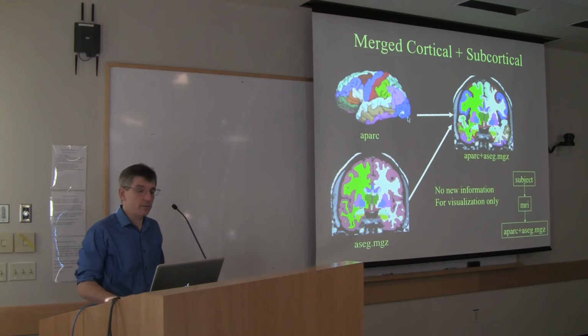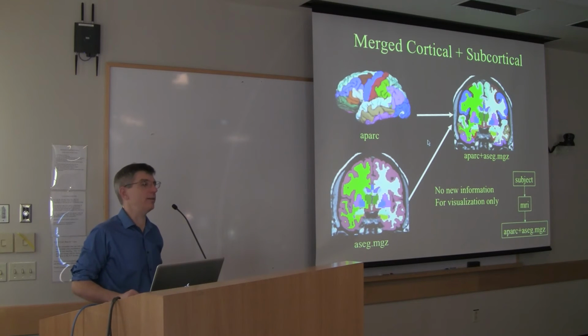So we have this aparc+aseg, which I've mentioned a couple of times before. It starts from the aseg that just has one label for cortex, and it goes and inserts the actual cortical labels in there. So it replaces this one big red region of interest with all the regions of interest from the aparc.